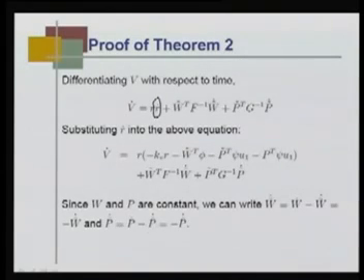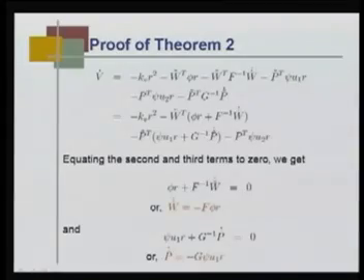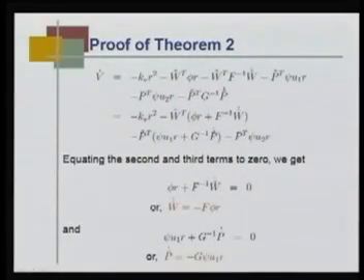Since w and p are constant, you can always write w tilde dot as simply minus w hat dot, and p tilde dot as minus p hat dot. Now, recombining, this is your V dot.